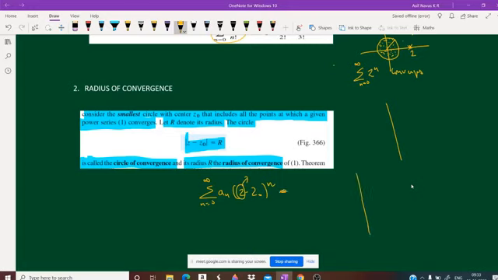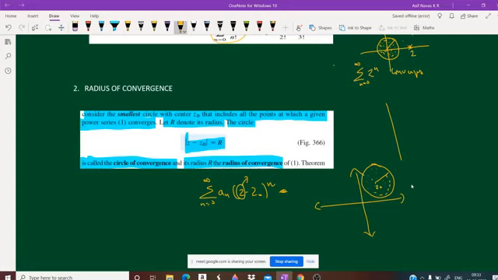So if z naught is a point, we have to find a circle for which the series is convergent.